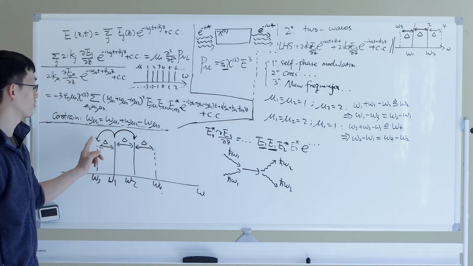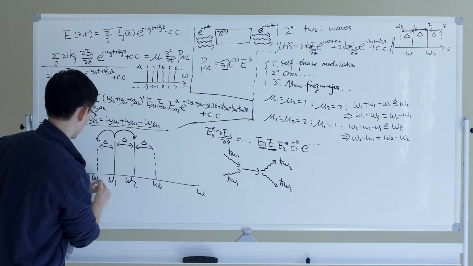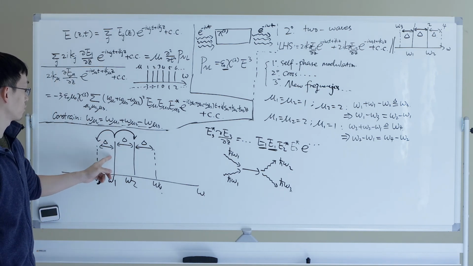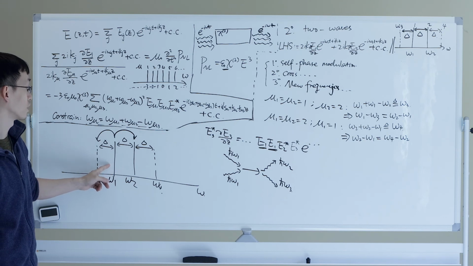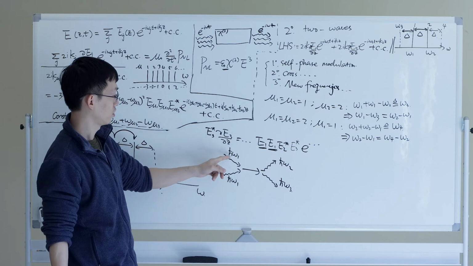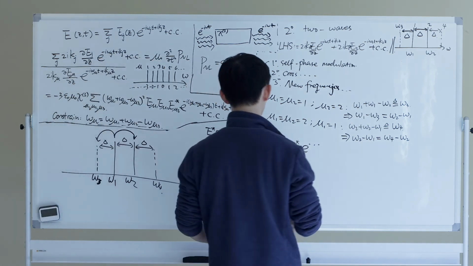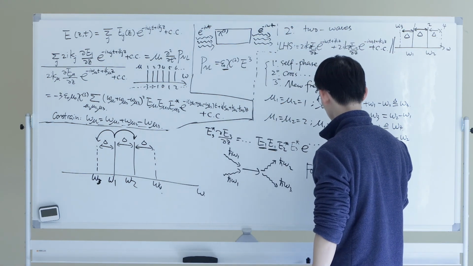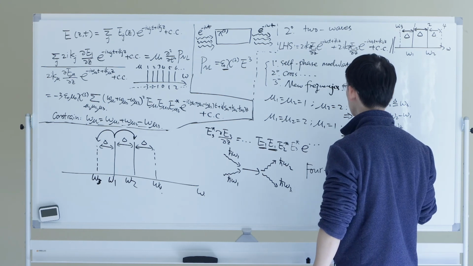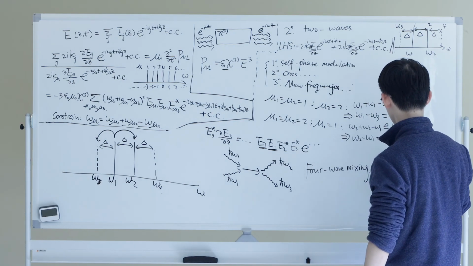So a pair of photons is generated, at omega 2 and 3, and to satisfy energy conservation, two photons at omega 1 are annihilated. Because there are four waves involved here, this is called four-wave mixing. Often it's called four-wave mixing.